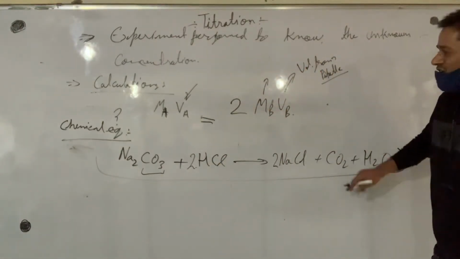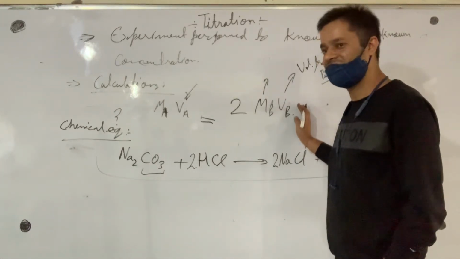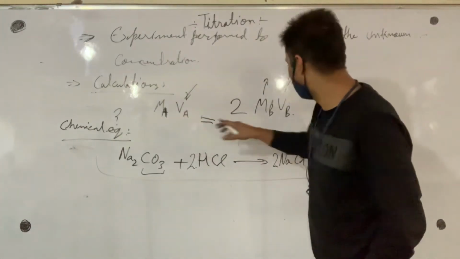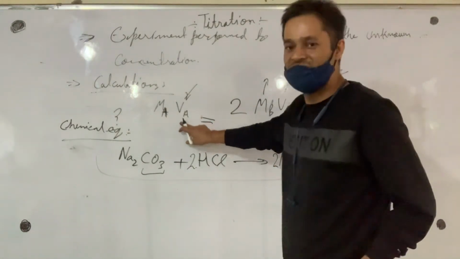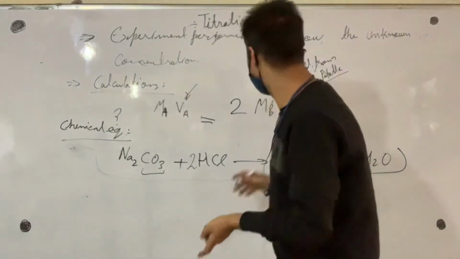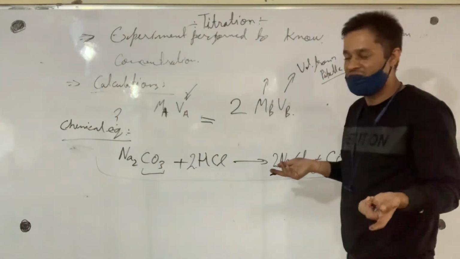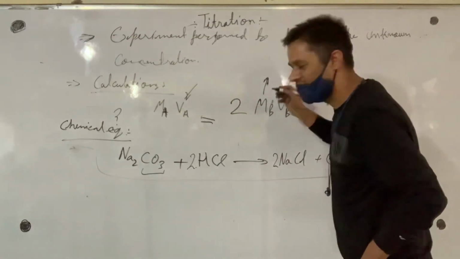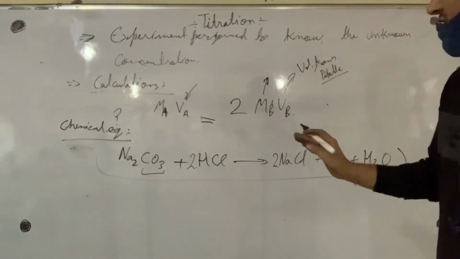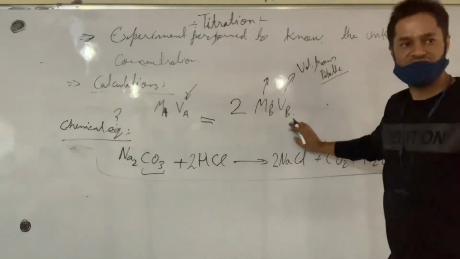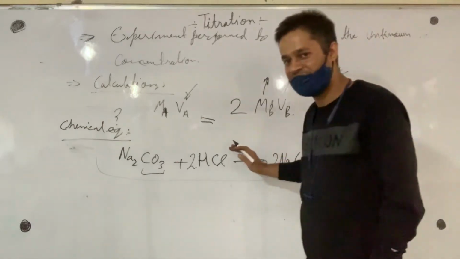From here, can you calculate molarity of any? If this is given, you can calculate this. One volume you will get from the burette, one volume is from the pipette. Pipette is given to you, and one molarity is given. So you can calculate molarity of any solution out of acid and base. Got it? Yes, sir. Okay.